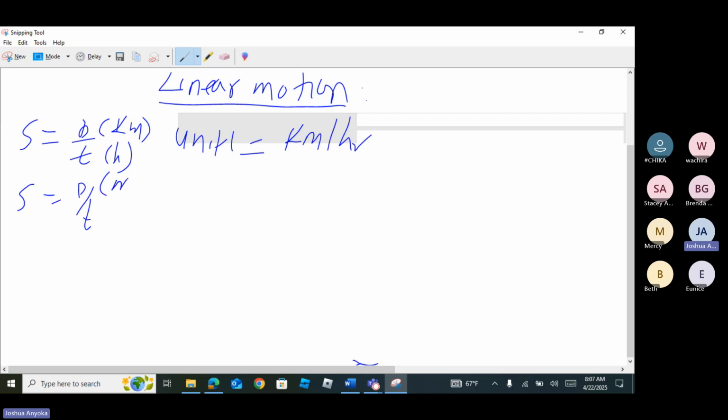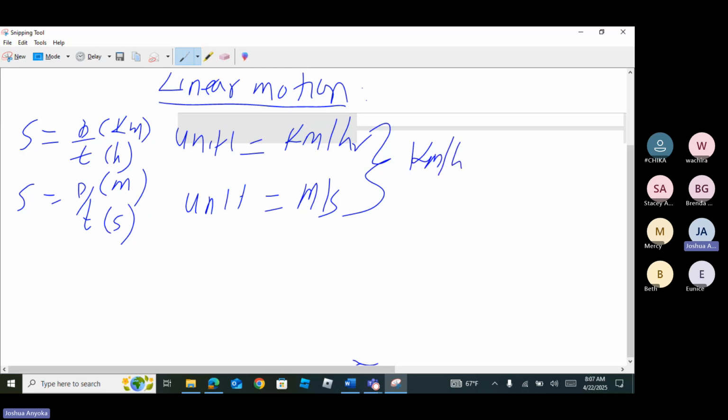If distance is in meters and time is in seconds, we have the units meters per second. Also, we should know how to convert speed from kilometers per hour to meters per second and vice versa, meters per second to kilometers per hour.